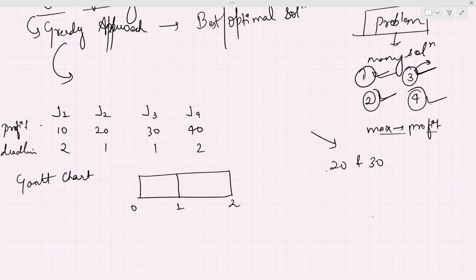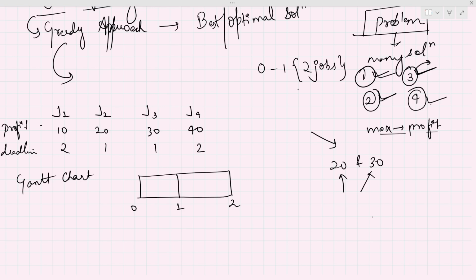Remember this thing, you cannot add both here. It doesn't mean that you cannot add, you can add, but we are not going to add these profits here because this will give us a minimum result. What does that mean? That means that in 0 to 1 we have only 2 jobs.